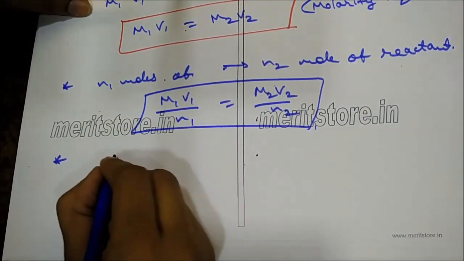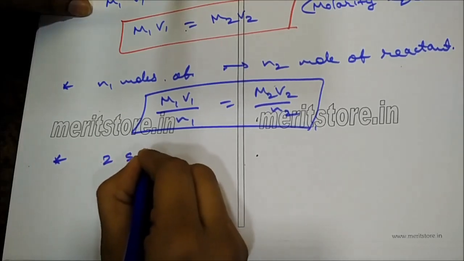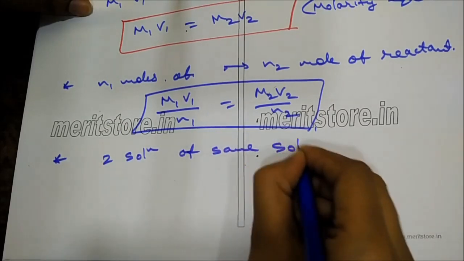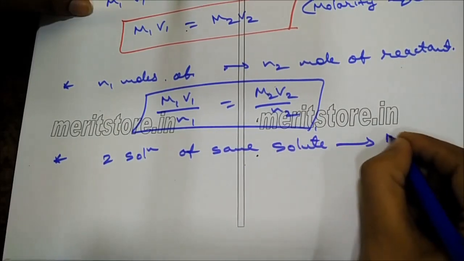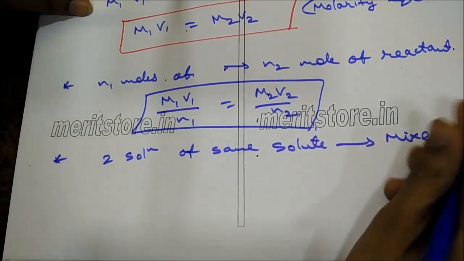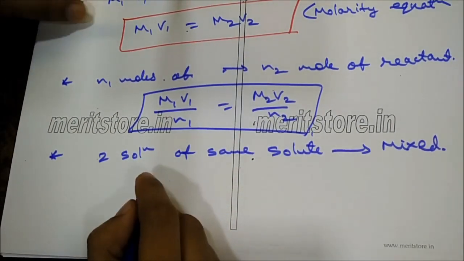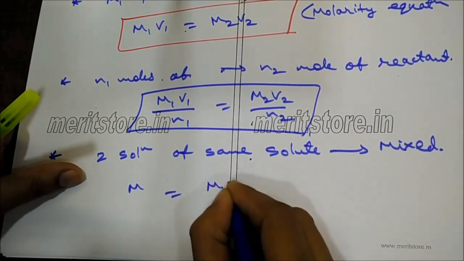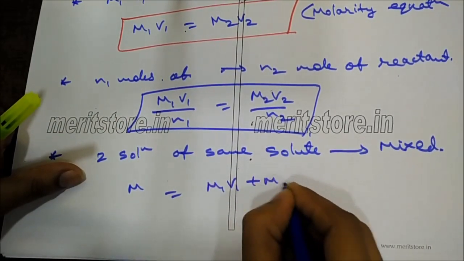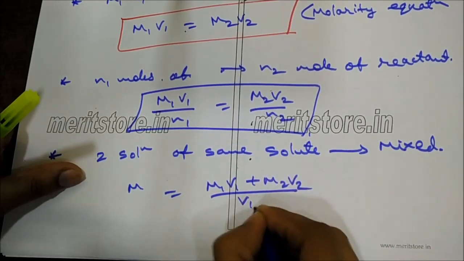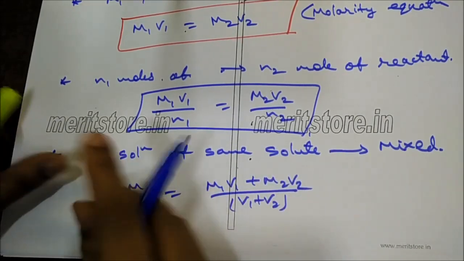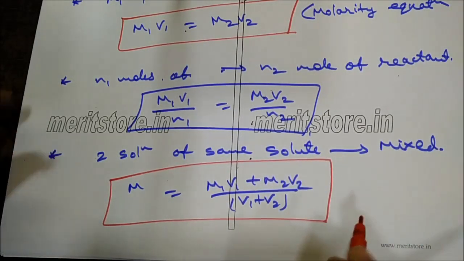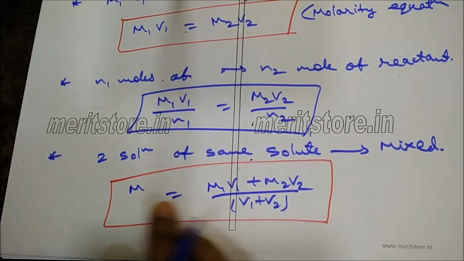If two solutions of the same solute are mixed together, then the molarity of the resulting solution will be equal to m1v1 plus m2v2 upon v1 plus v2. Then we can find the molarity of that mixed solution by this formula.